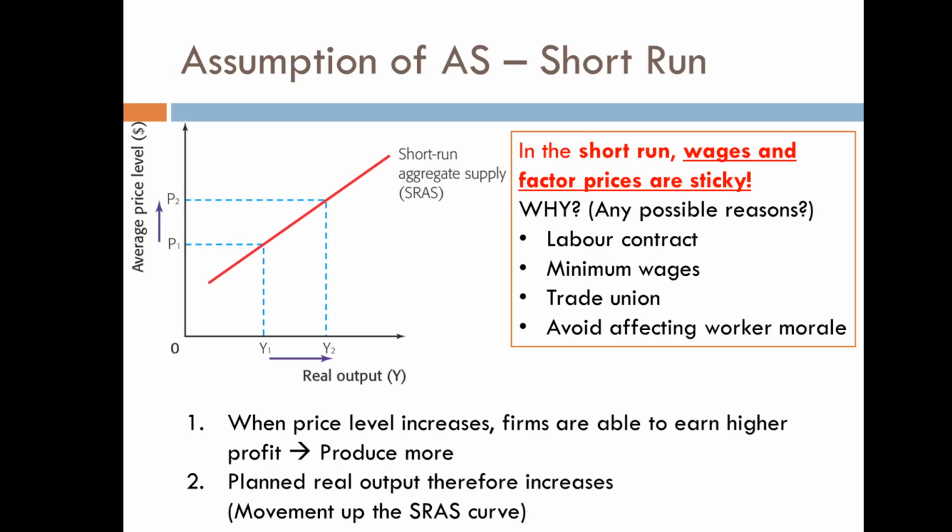So the idea here is in the short period of time. Remember this, this is the main idea of the short run. In the very short period of time, people don't realize the change in price level yet. It takes time for people in general to realize the change in price level. So in a very short period of time, they will just stick with the current price that they are using.